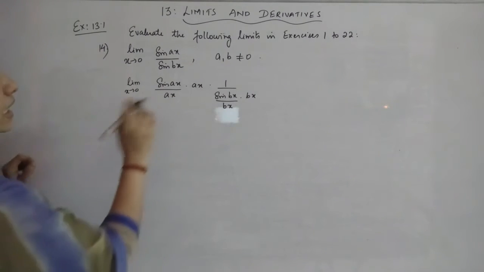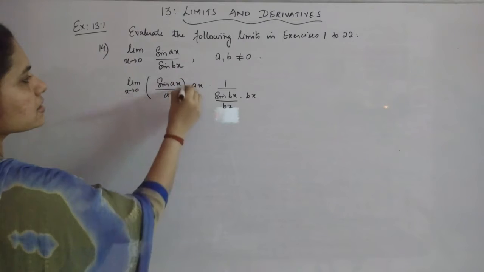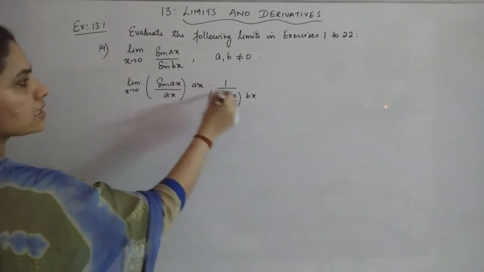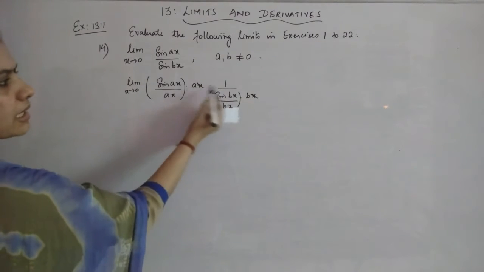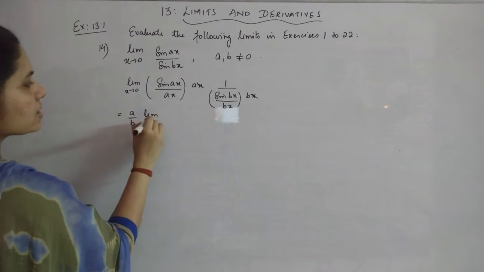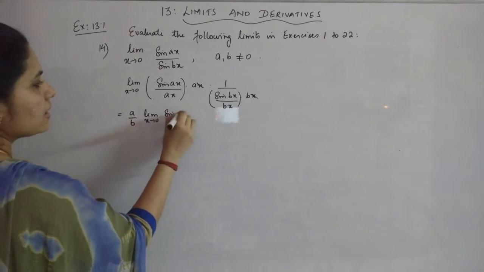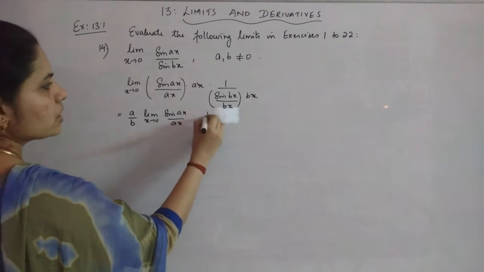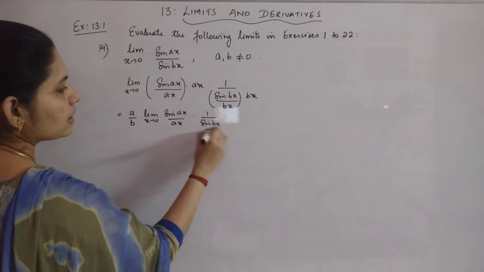Now you can just see this and this can be applied the limit, and this x gets cancelled, so that the remaining part, that is a constant, is a by b, that you can take out. Now limit x tends to 0 sin ax by ax, and you have into 1 by sin bx by bx.